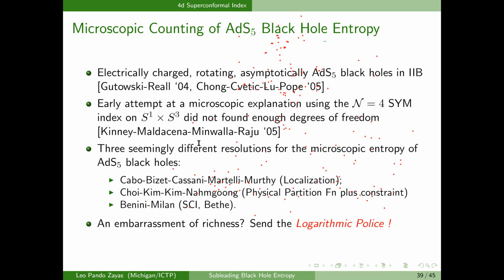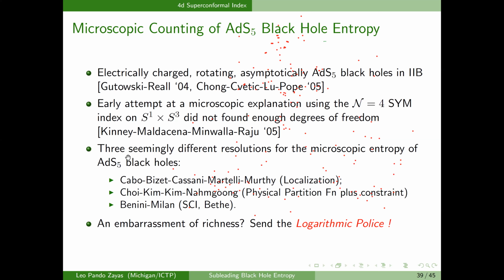This is the paradigmatic example of AdS/CFT, so naturally you would like to understand it microscopically. The first attempt was by Kinney, Maldacena, Minwalla, and Raju in 2005, exploring whether the superconformal index can capture the black hole entropy.